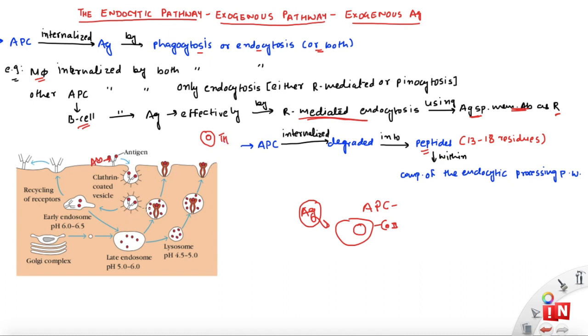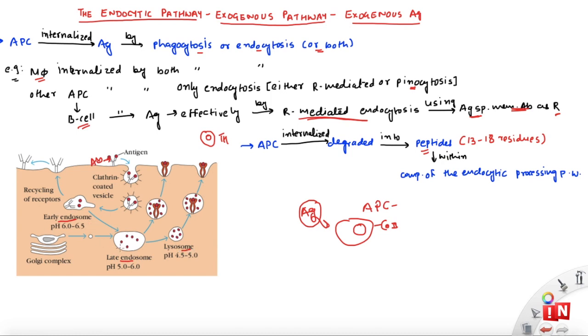Now I'm just briefly going to tell you how this degradation happens. The process of phagocytosis or pinocytosis we have talked about in a different video, so you can have a look over there. In the endocytic pathway, once the antigen is taken up, it passes through the compartments of the endocytic pathway for degradation, that is from the early endosome to the late endosome to the lysosome.